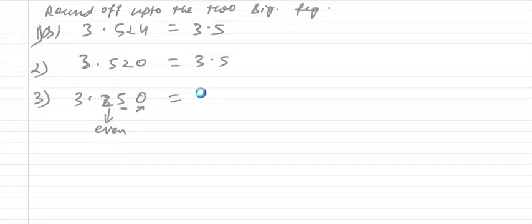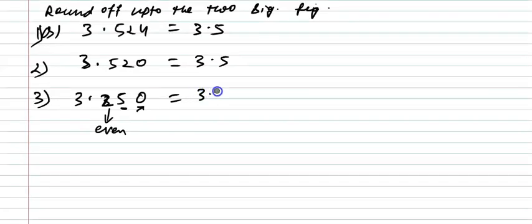Can we round it off to two significant figures? Look over there. This is 2, this is 4. We just round it off to 3.5. Getting it? Yes or no? Here also this is 3.5, and here 5 is followed by 0, and the preceding digit is even. So we can write this as 3.2 only.